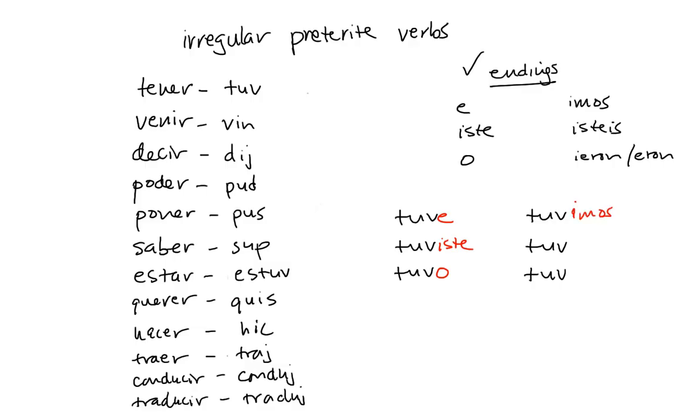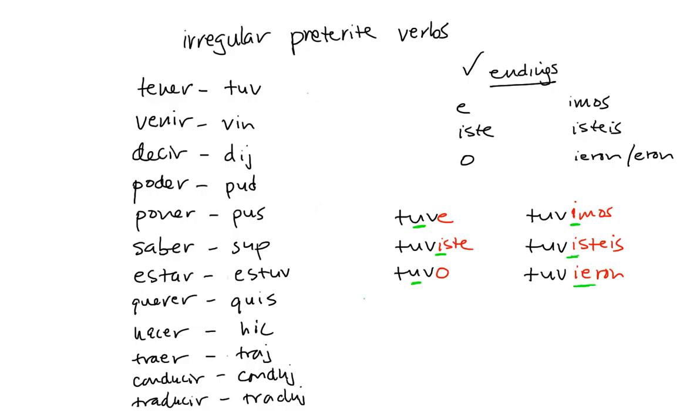That's just an i, that's not an accent. Tuvisteis and tuvieron. So for pronunciation purposes, since none of these have written accents, they all end in a vowel, n or s, the stress is going to be on the second to last syllable. Tuve, tuviste, tuvo, tuvimos, tuvisteis, tuvieron.